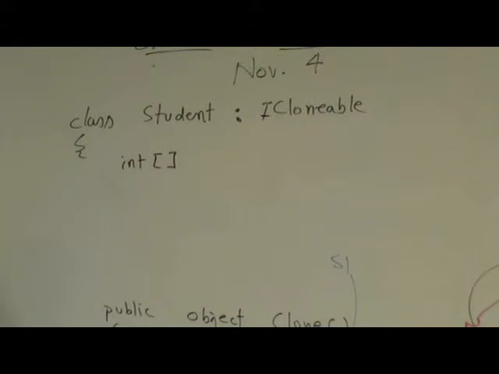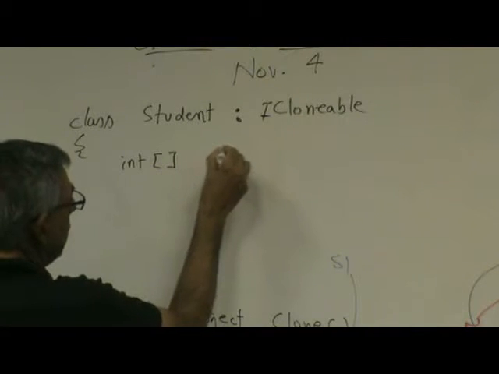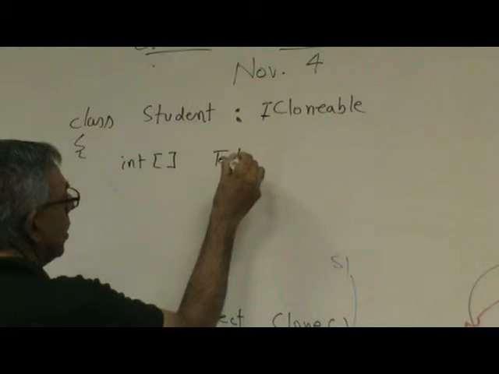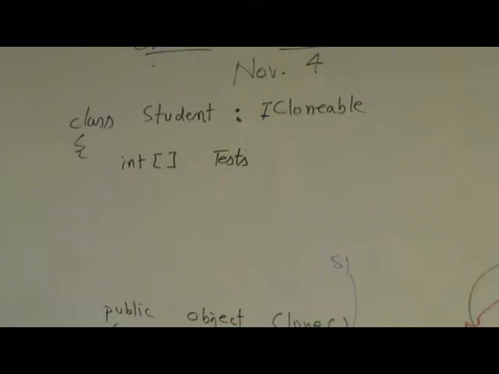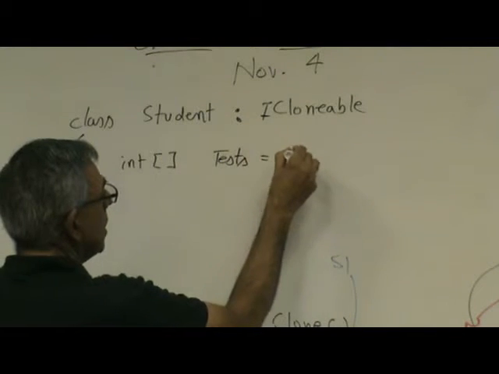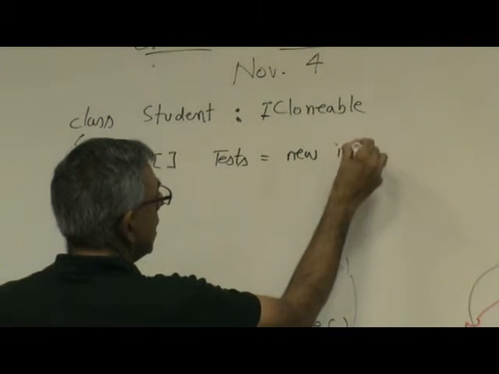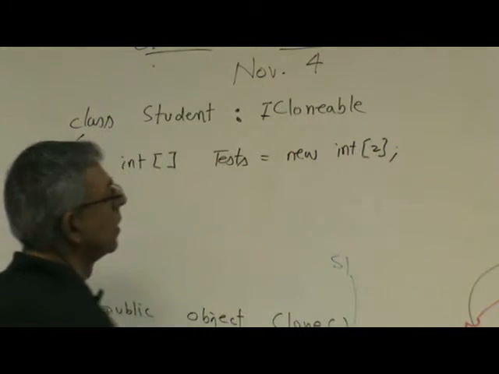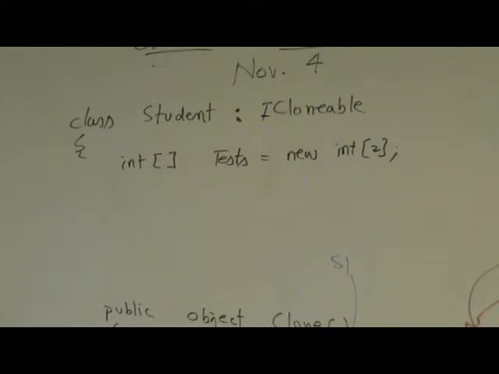Remember in C#, after the data type, if you put empty square brackets, that means you're creating an array, right? So let's say we call it tests, equal to new int of 2. So what will that do? It will create an array of 2 tests, right?